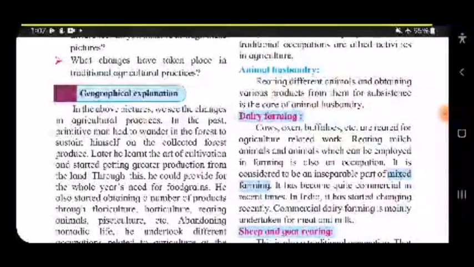Now what is animal husbandry? It is rearing different animals. That means taking care of different animals. And in return we get something from the animals like meat, milk, eggs. So rearing different animals and obtaining various products from them for subsistence is the core of animal husbandry.